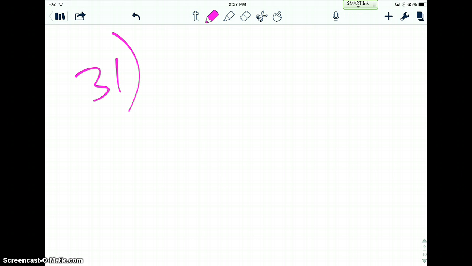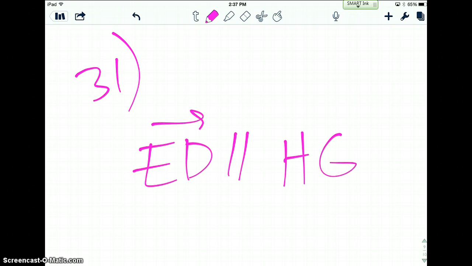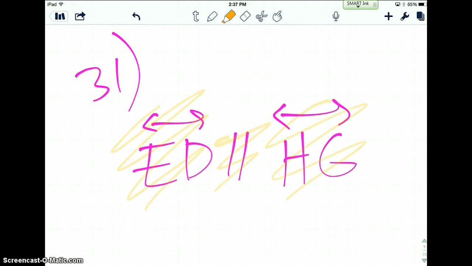Okay, let's look at 31. How would you read this, because again, this is mathematical writing. Line ED is parallel to line HG. True or false? Well, by looking at that picture, I would say false, but now I have to have a reason.